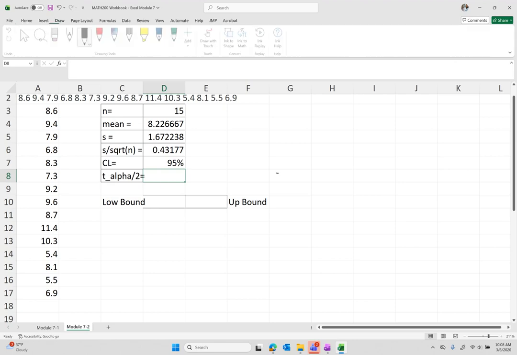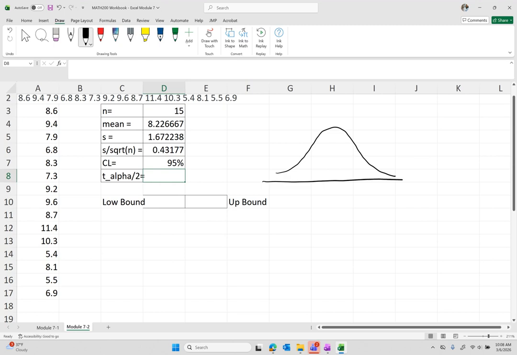So remember that when you have your graph here and you are looking for a 95% confidence level, the 95% is in the middle, and then you have half of the remaining 2.5% here, and half of the remaining in the upper tail.